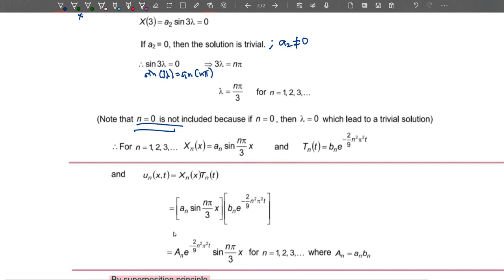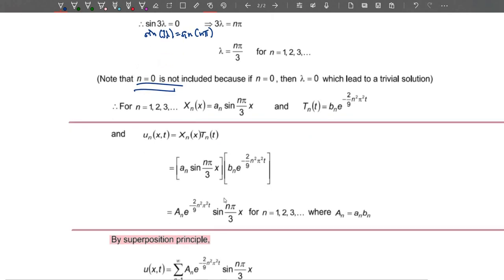It will become this one, and can be simplified into this term. In the previous video, it's written as C, right? So it doesn't matter. If you want to use capital letter A, it's also fine. But the important thing is it should be another new constant, so A_n, where A_n is equal to A_2 times B_n. And then remember, write the exponent first, then only the trigonometry.